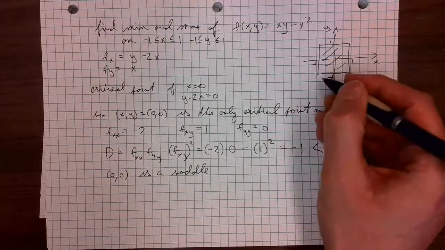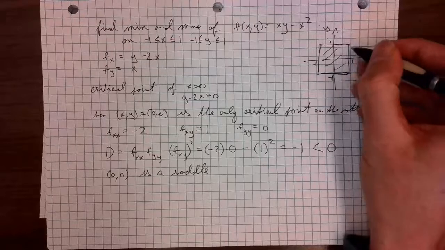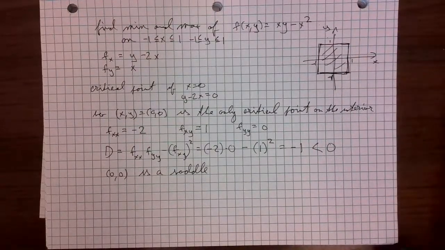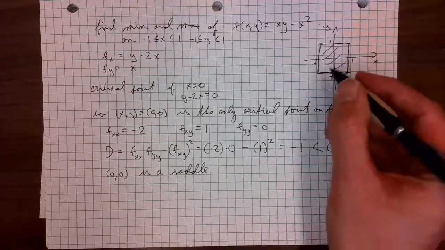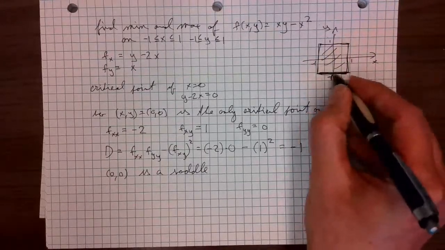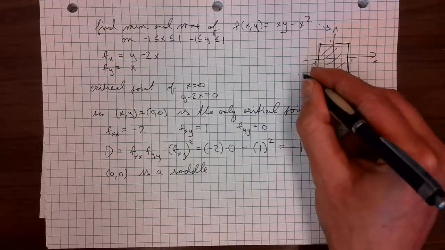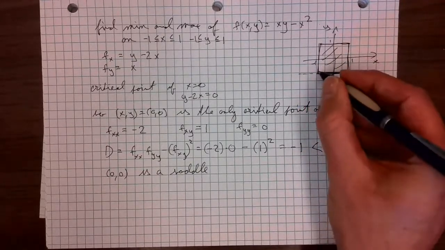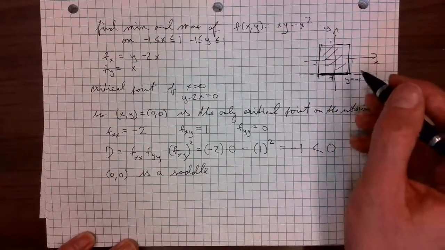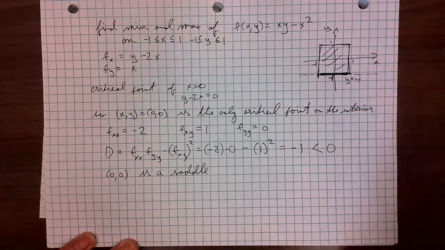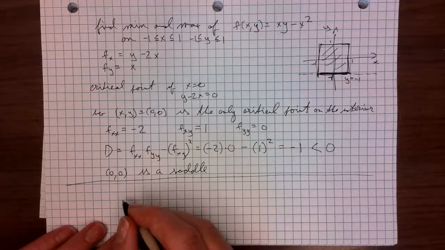Well, we basically have to parameterize these lines that form the boundary of our set, right? So maybe let's start with this line. This is where y equals -1, right? That's this line, and we're going to do it from x is -1 to x is 1. So what we look at is the function.